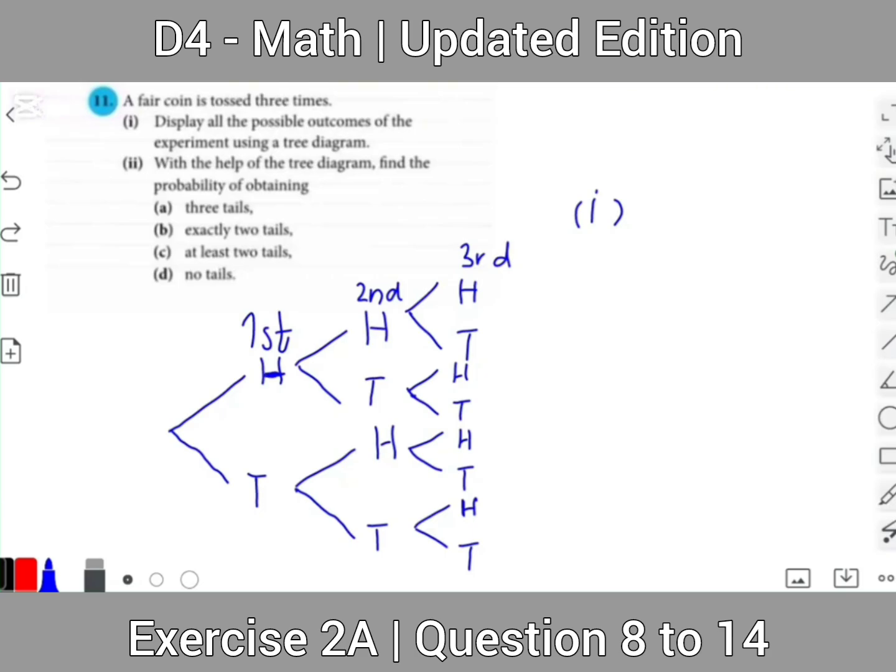For the second toss, again we get head and tail, so we draw 2 more branches from each outcome of the first toss. For the first toss, we have 2 outcomes. For the second toss, we have 4 outcomes. And for the third toss, we have 8 outcomes. So this is the tree diagram for the given experiment.